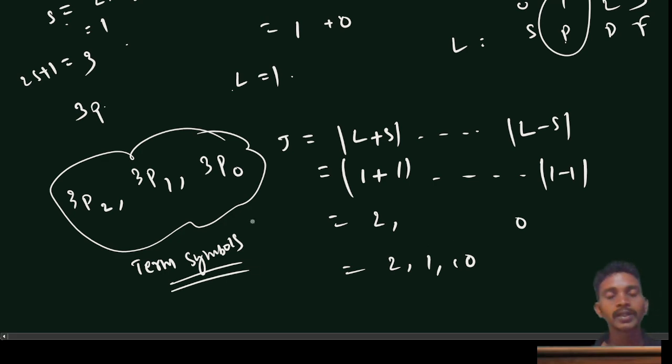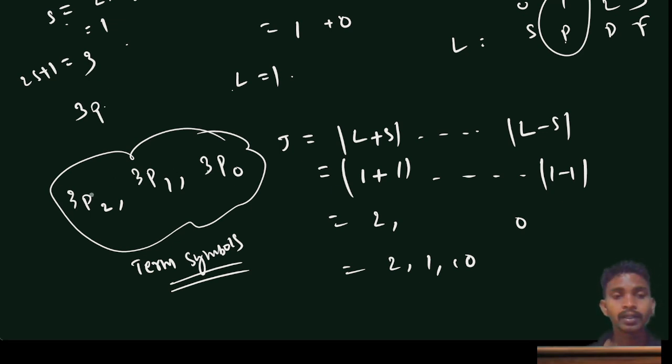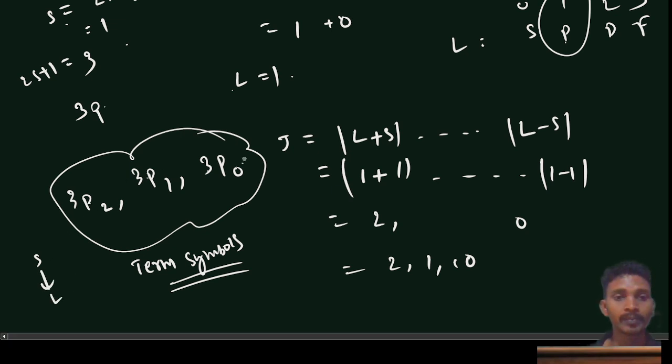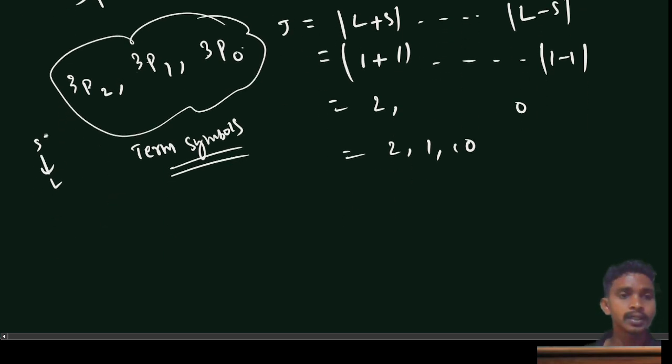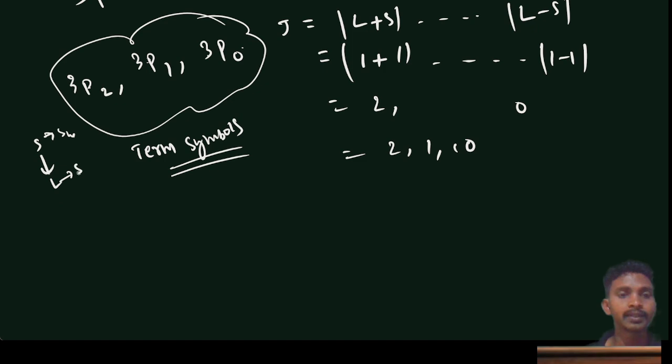Okay, so from here we want to calculate which is the ground state. How do we look? First we will look at whether the s values are the same, so everywhere the s value is same, then we will go for l values, the l value is also p everywhere. If all are same, this is same, this is same, then we will go for half filled or more than half filled.